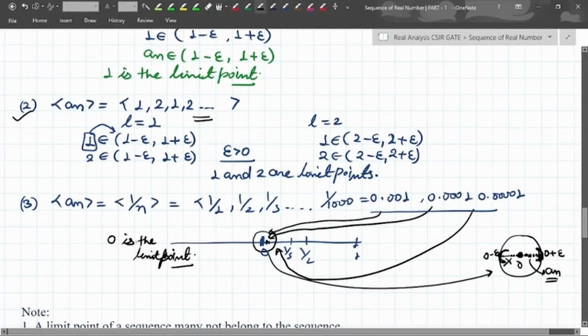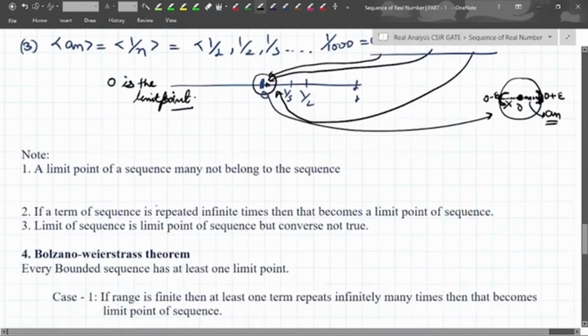Next example: it is not necessary that the limit point belongs to the sequence itself. So that's the result we have here: a limit point of a sequence may or may not belong to the sequence. That's what 1 by n shows; 0 is the limit point.